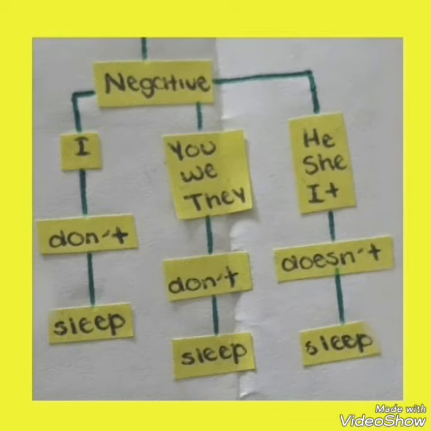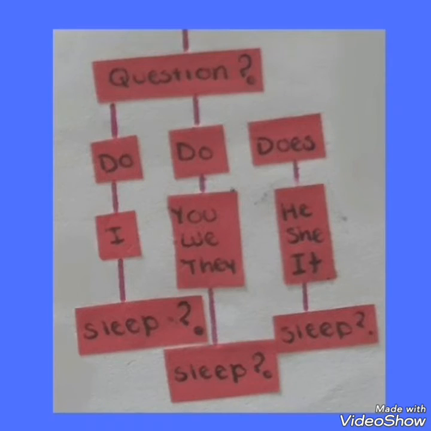The negative form is used in the same way, only the is and are depend on the reference of the pronouns used: I, you, we, and they, and just don't is used with the pronouns he, she, and it.